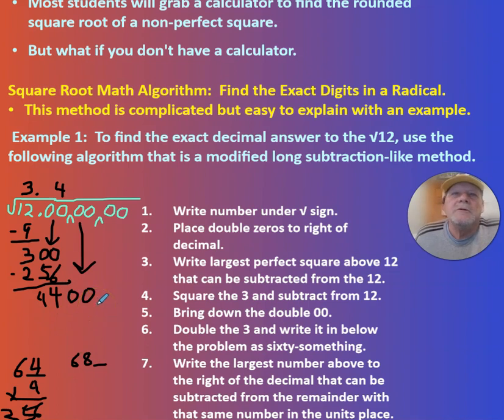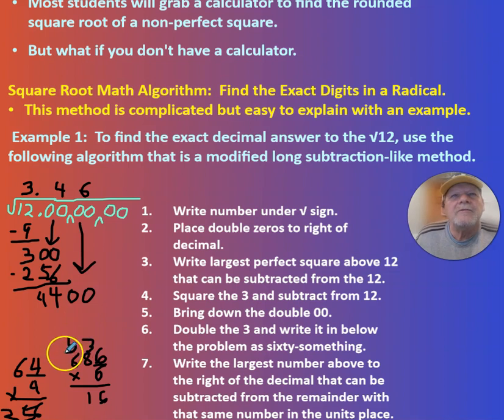4,400? So I know 6 would be a little over 3,600. 7 would be 4,200, and I have to carry the 5. So it's going to be a 6. I put the 6 down here, and I multiply by 6. 6 times 6 is 36. Carry the 3. 6 times 8 is 48, plus 3 is 51.